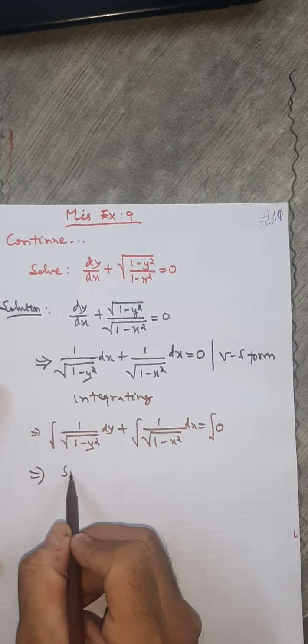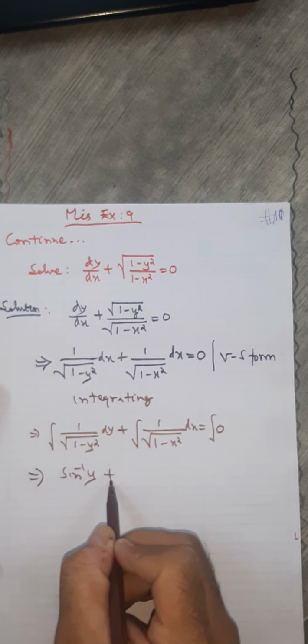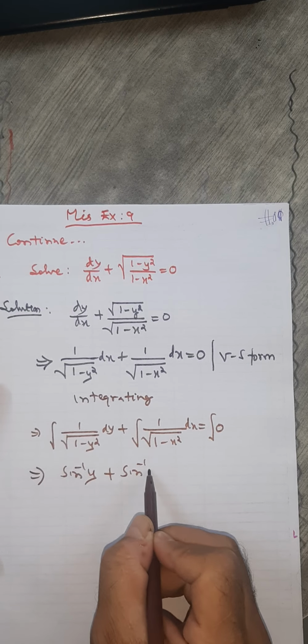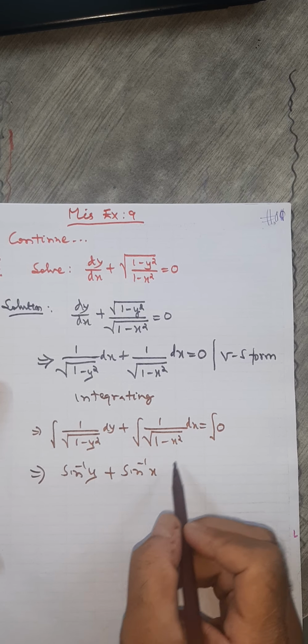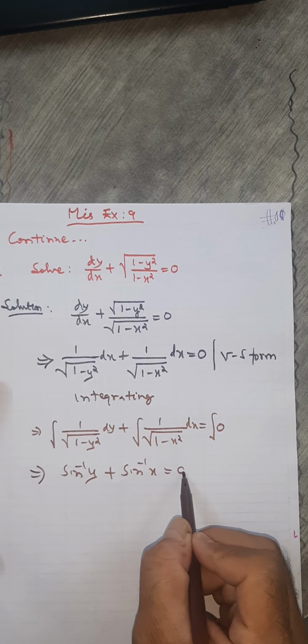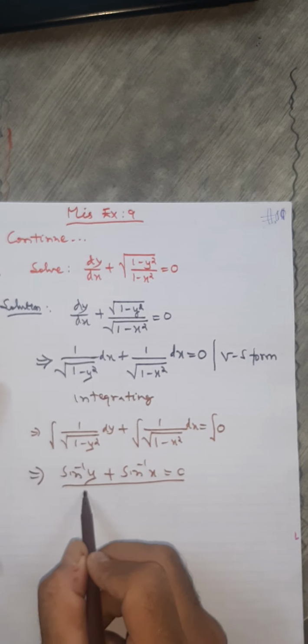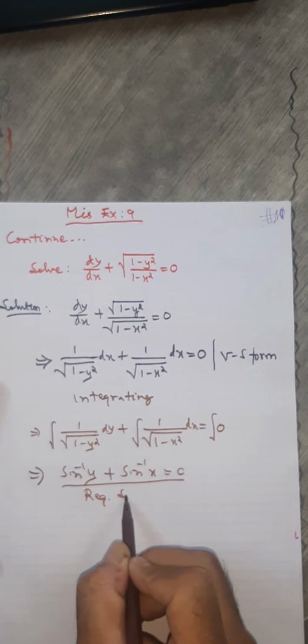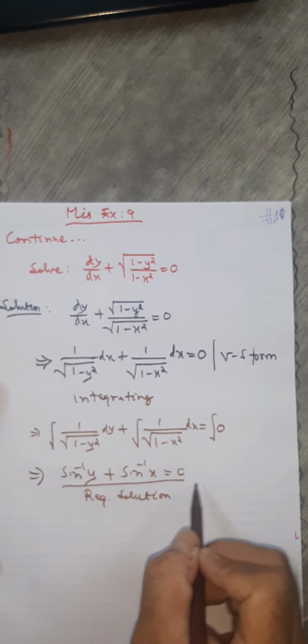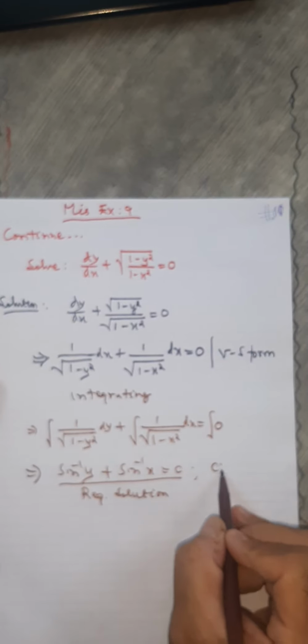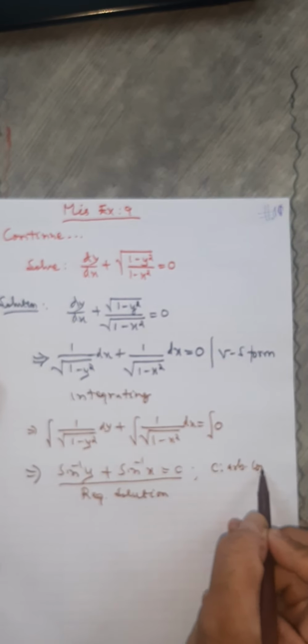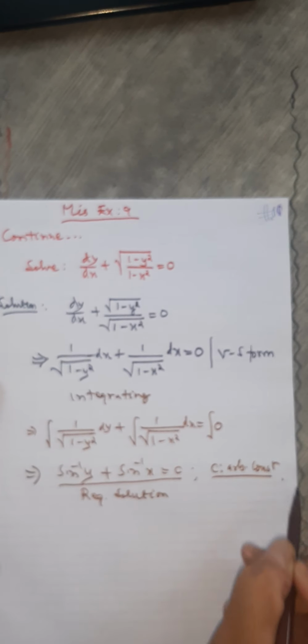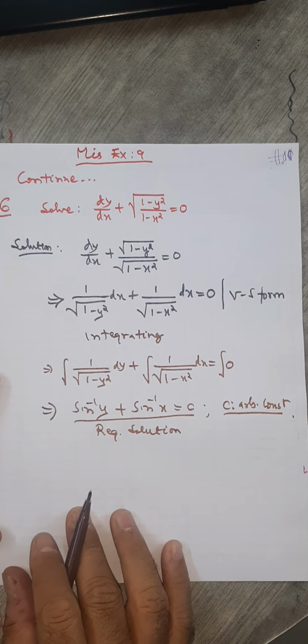If you remember, it is sine inverse y. What is this? You know, sine inverse x. And integral of 0 is any constant c. Required solution of the given differential equation. What is c there? C is arbitrary constant of the integration. Okay.